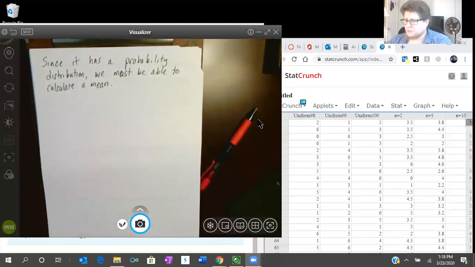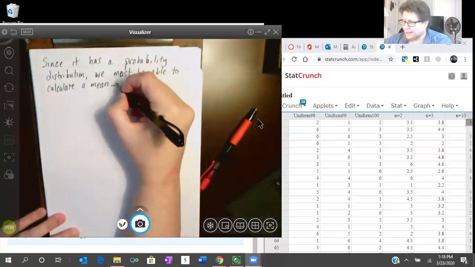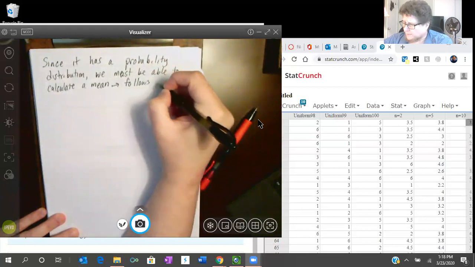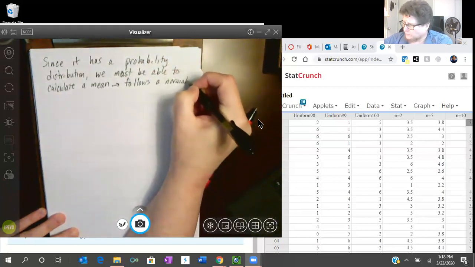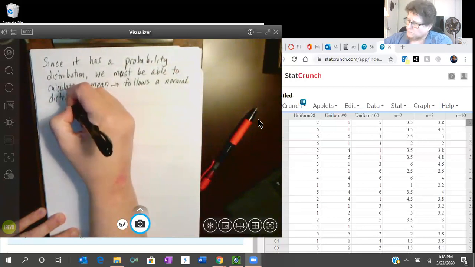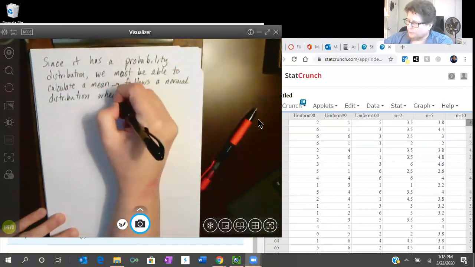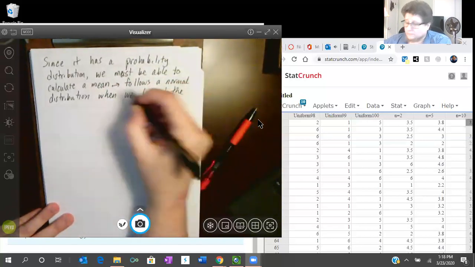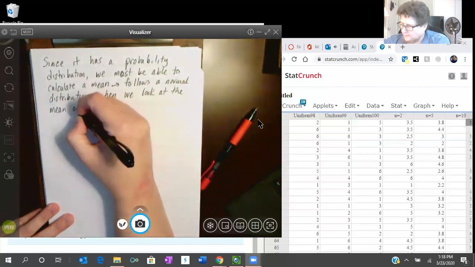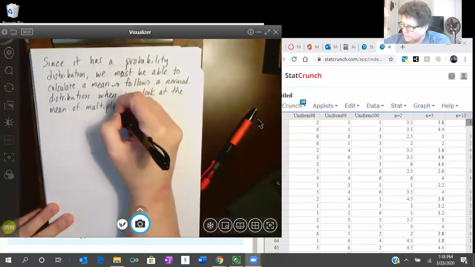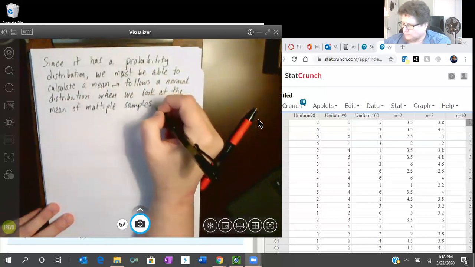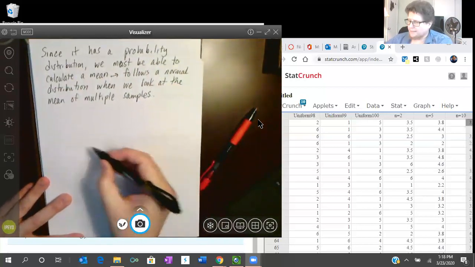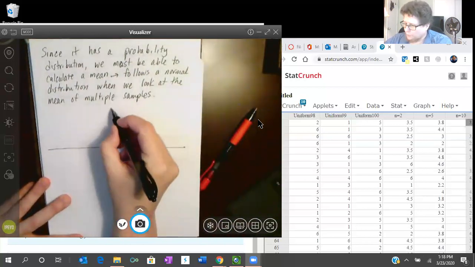If we have a Poisson distribution, as soon as we start looking at multiple samples and we try to calculate the mean over samples, this ends up following a normal distribution when we look at the mean of multiple samples. And that means we have our good old bell curve.